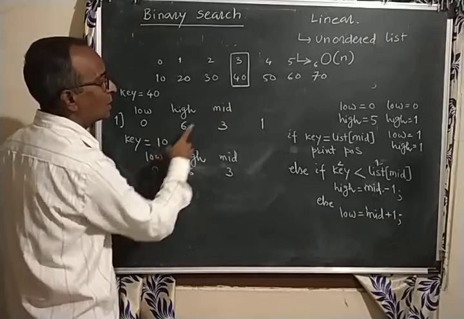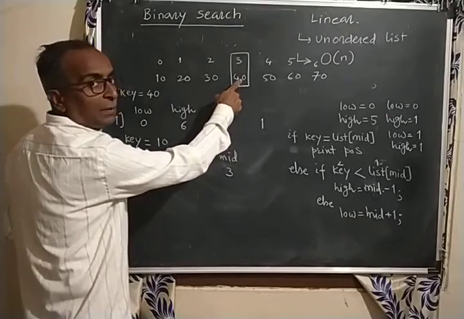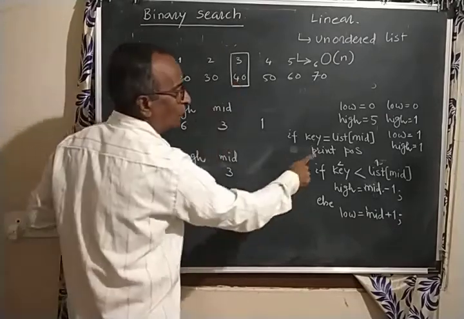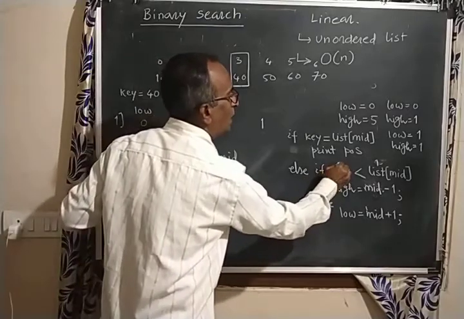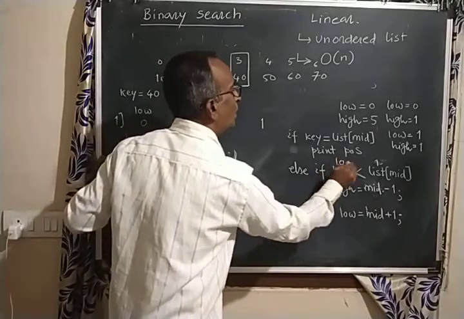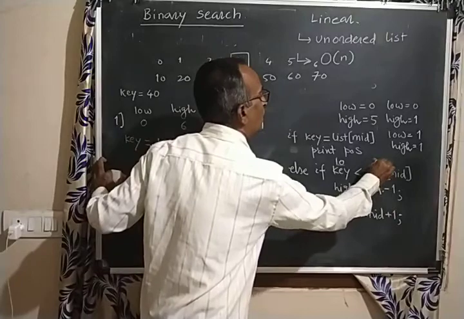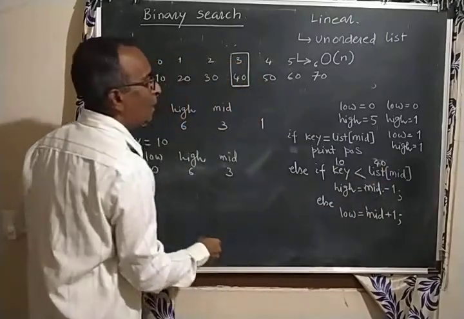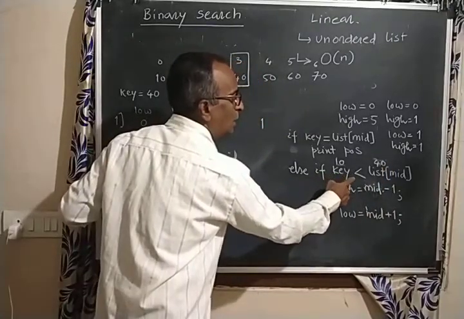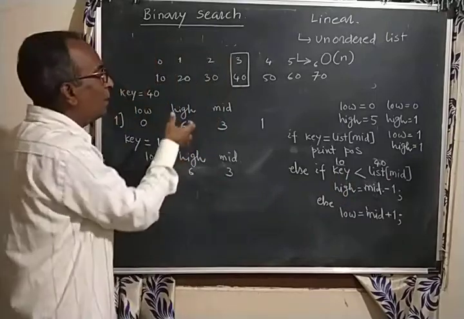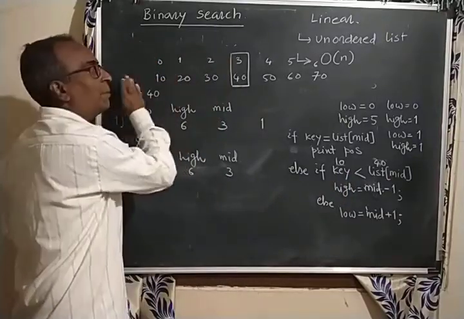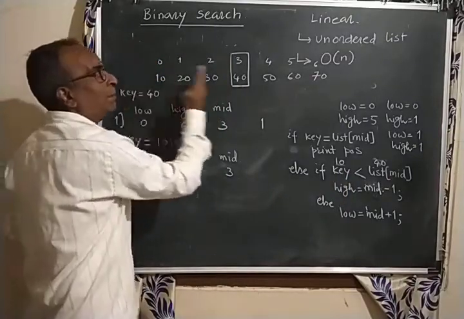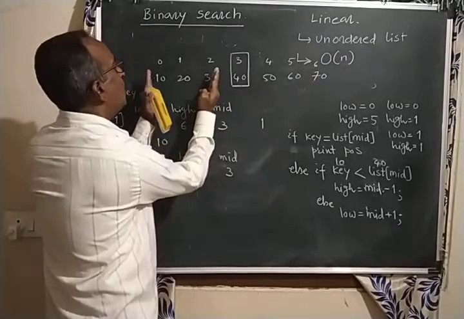So 10 is less than this mid value. This key is 10, mid value is 40. So this condition holds, means key lies in left part. When it is in left part, high should be changed in this sublist.